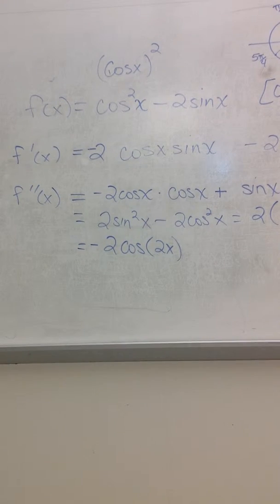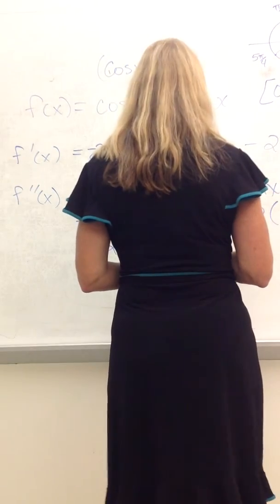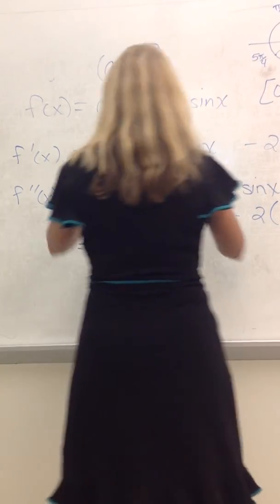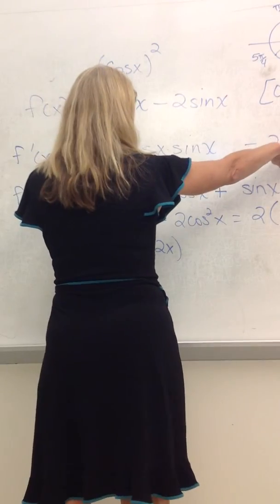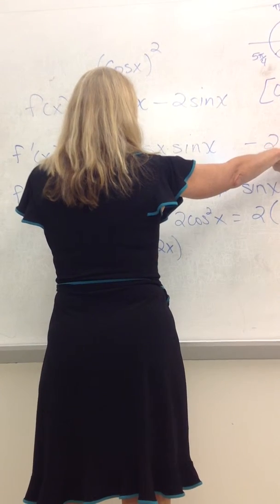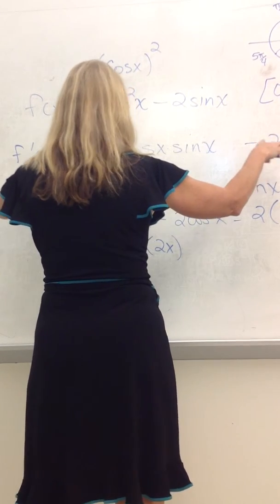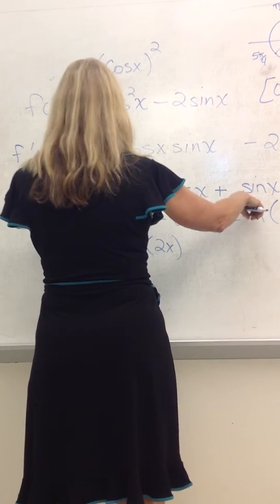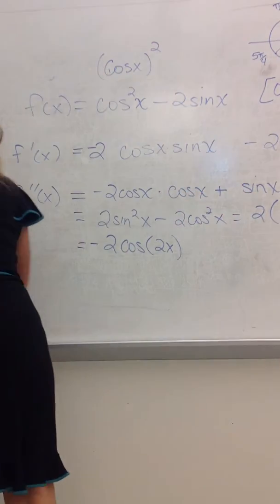You don't take the second derivative of -2 cosine. Ah, okay. Well, no, I think I did. Wait, hang on, here are my 2 terms, right? So we did our product rule. Okay, that might be why my memory is off.